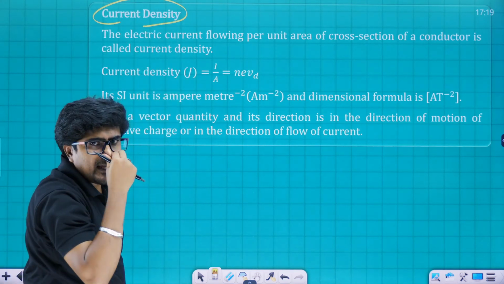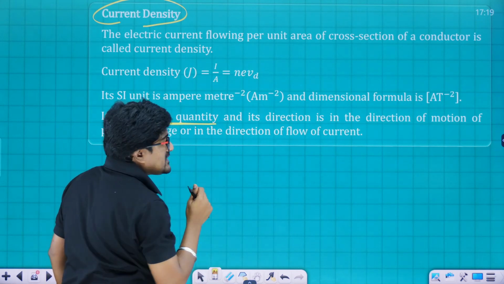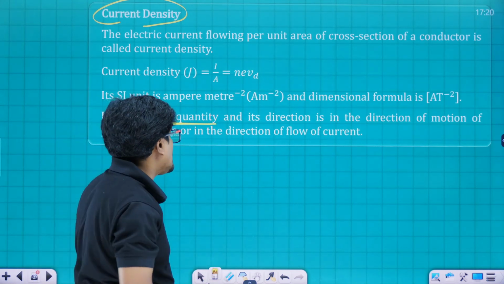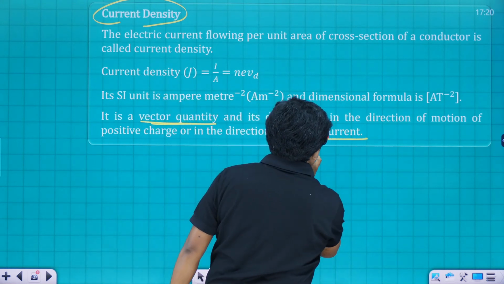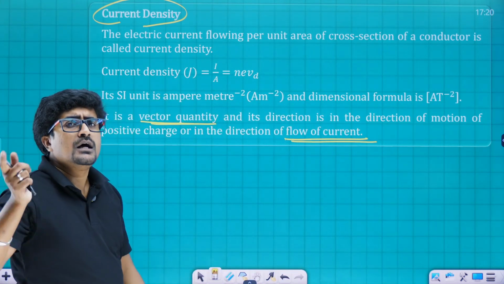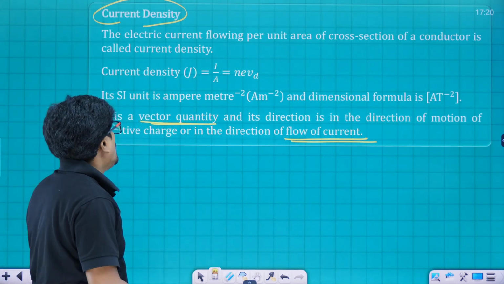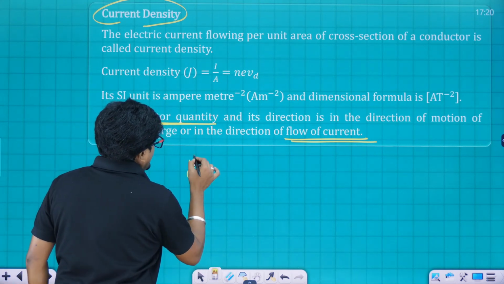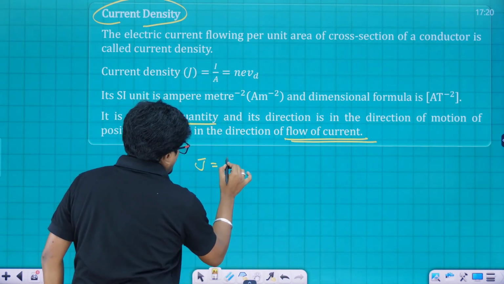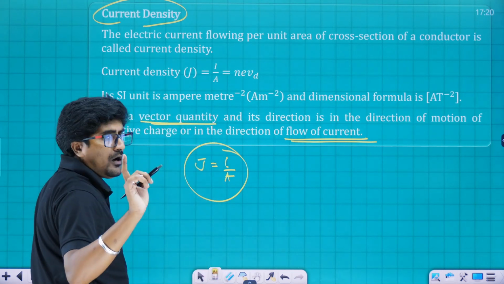All right, moving to the next, that is current density. The first thing I want to tell you is that current density is a vector quantity, and the direction of that vector quantity is the same as the direction of flow of current, or you can consider it as the opposite direction of movement of electron also. Now, what about its magnitude? Current density capital J is the current flowing upon the area of cross section.